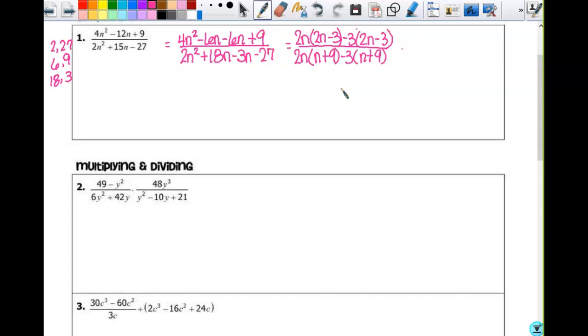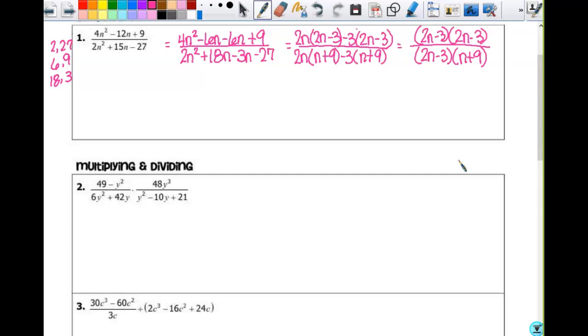So to actually finish the factoring process here, I have 2n minus 3 times 2n minus 3 over 2n minus 3 times n plus 9. Now the numerator and denominator are completely factored. Make sure you're finishing that, because I can't see your work all the time.